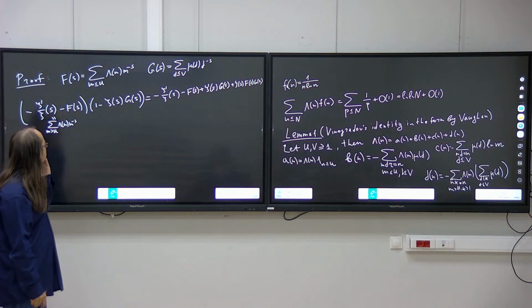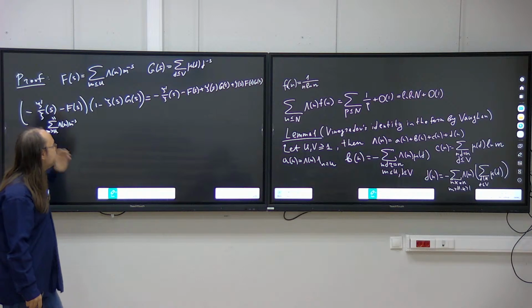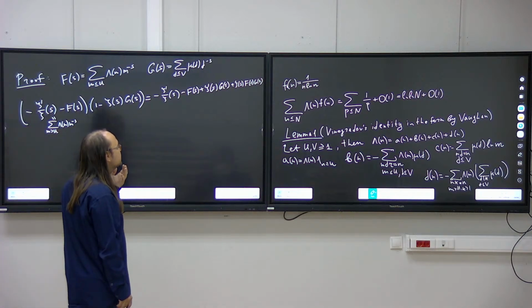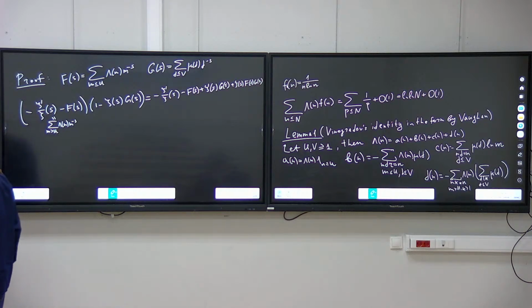Is it the first bracket entirely? Yes, it's the first bracket. And the second one is what? I think I've missed something. Sorry for that. The first thing on the left should be d, basically, it should be d of n.